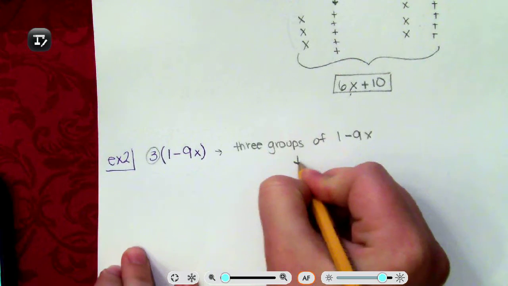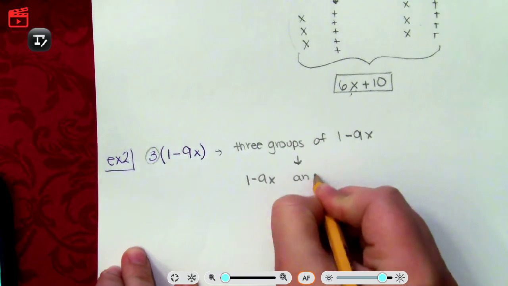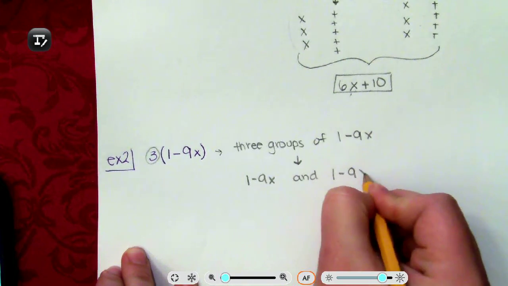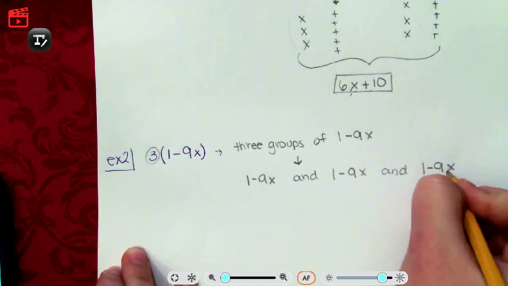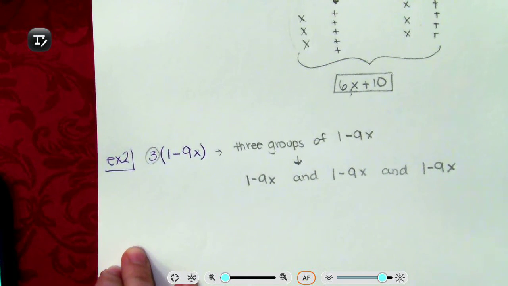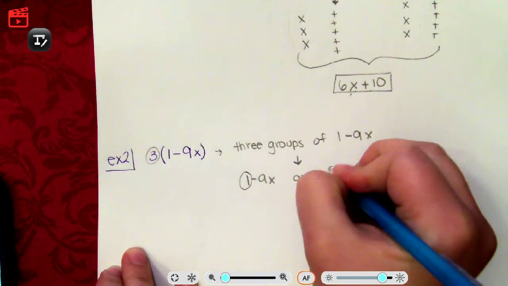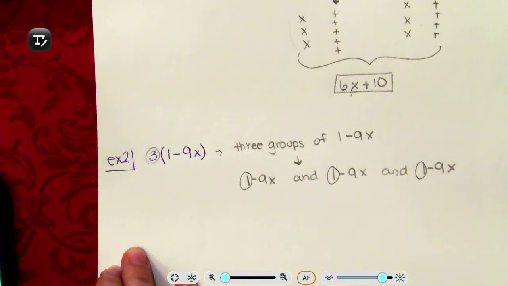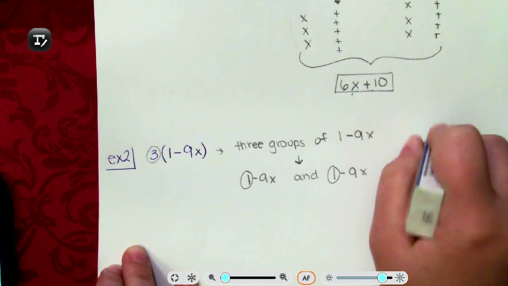So that means I have 1 minus 9x, and I have 1 minus 9x, and I have 1 minus 9x. I have 3 of them. So again, like terms, all my 1s are going in a bubble. So 1. Now that looks like an 11. Bear with me, you guys.